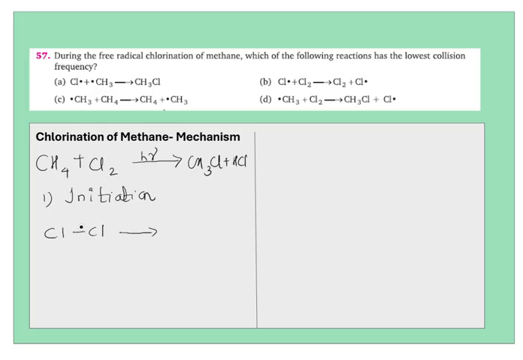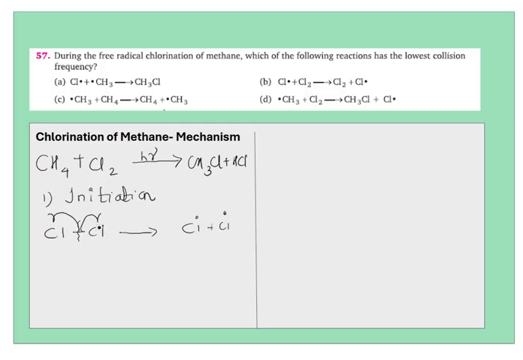What is homolytic fission? When a covalent bond is broken and one electron of the bond goes to one chlorine and the other electron goes to the other chlorine. So there is an equal distribution of the electrons from the bonds to the atoms. Therefore, we call it homolytic fission or homolytic cleavage.